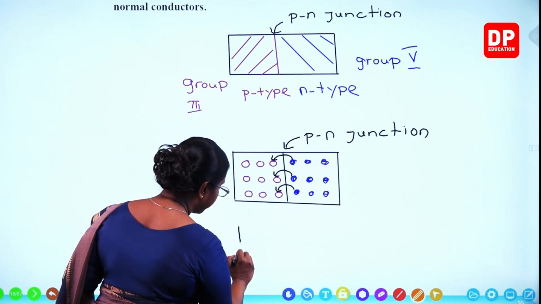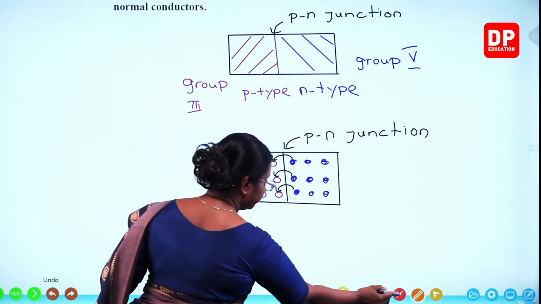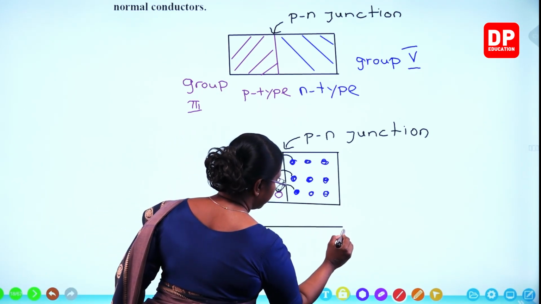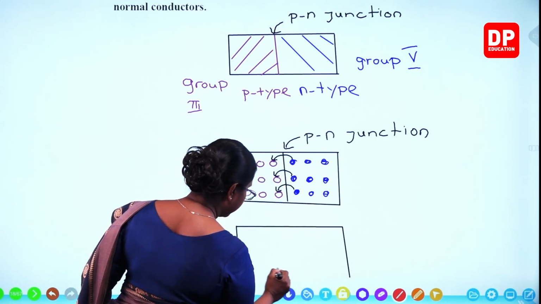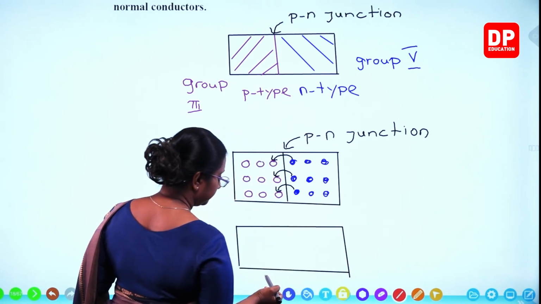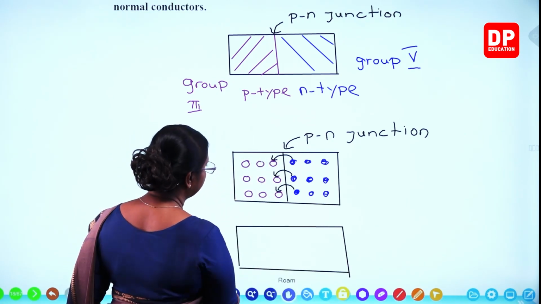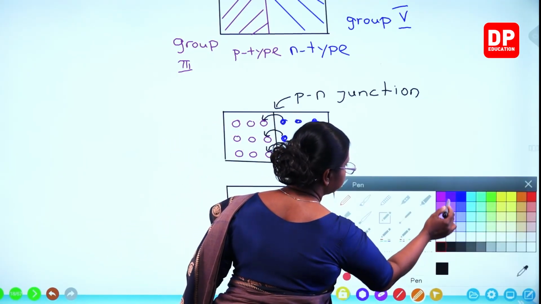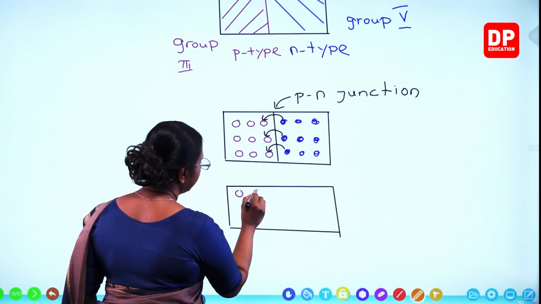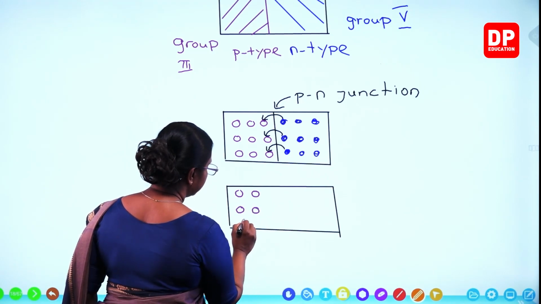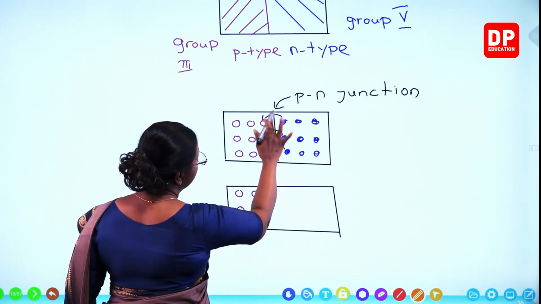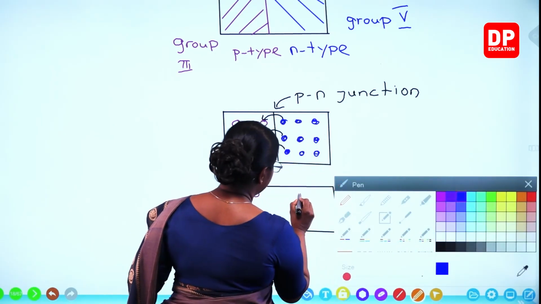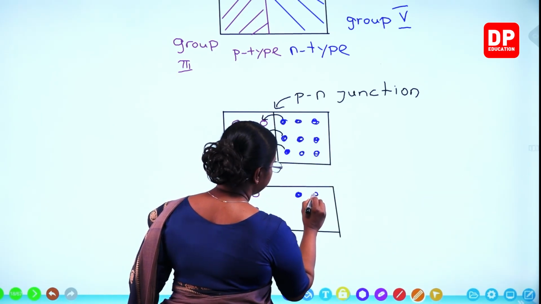So the same semiconductor PN junction will become like this. Once they form it like that, we will have holes here and the electrons have jumped to this point. Because of that, we will have electrons here.